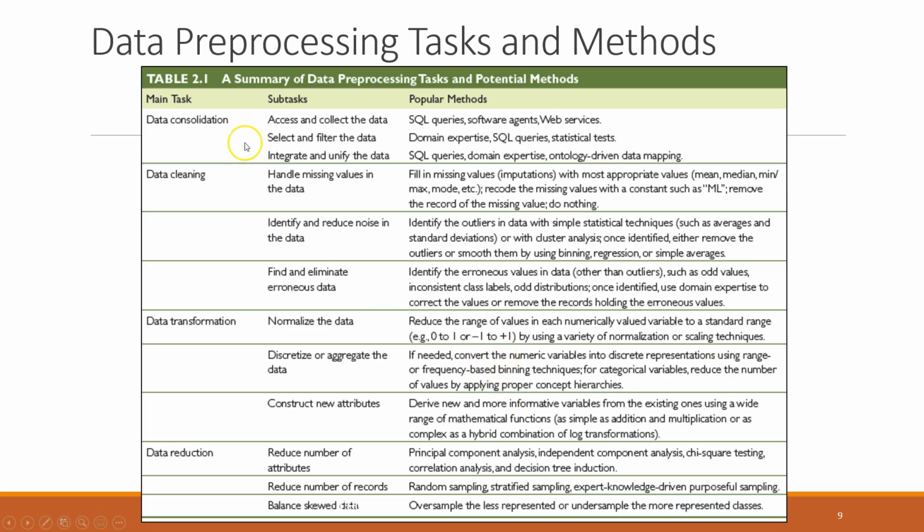So in your textbook, in Table 2.1, there are several examples of processing steps, what are some of the tasks that can be done, and some methods in order to be able to accomplish those tasks.